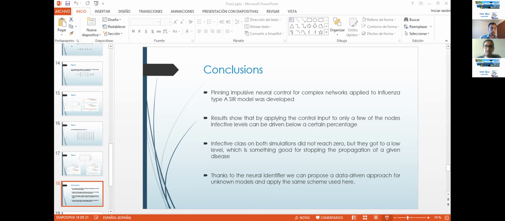This is not zero, but lowering the infected levels is still something good, and it helps to slow the spread of the disease. And thanks to the neural identifier, we can propose a data-driven approach for unknown models, and we can apply this same scheme used here.